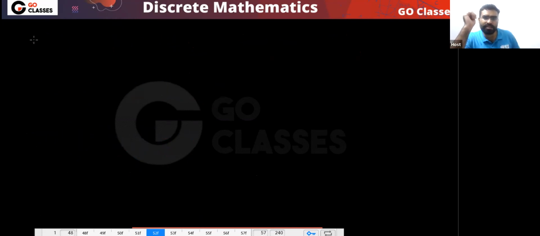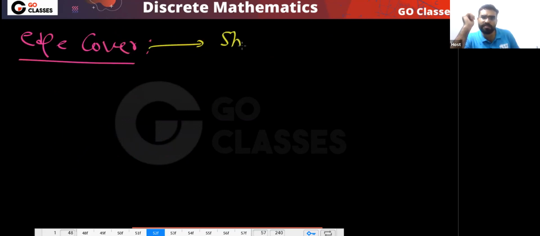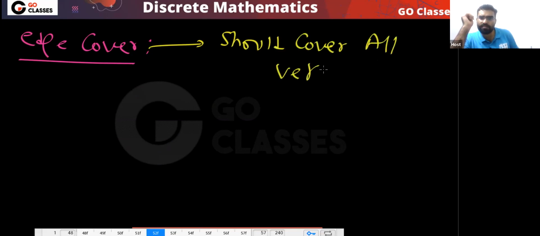Just think like this. Please think like this. Very simple. You have an edge cover. The edge cover should cover all the vertices. Yes or no? It should cover all vertices. Now think about it.